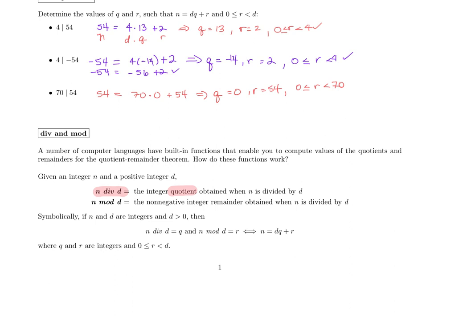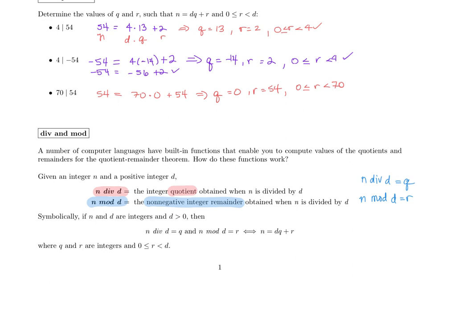If we do n mod d, we get the non-negative integer remainder obtained when n is divided by d. So in other words, n div d is equal to the quotient, and n mod d is equal to the remainder. Kind of a nifty way to program.